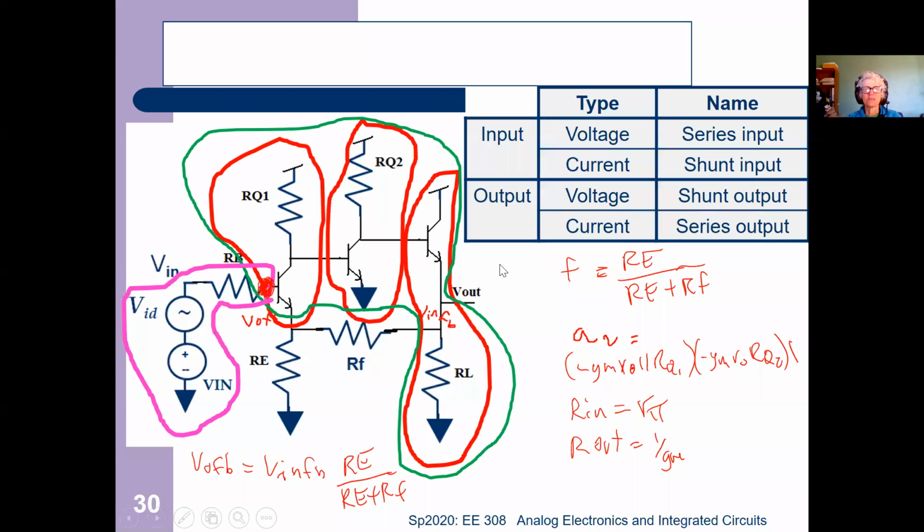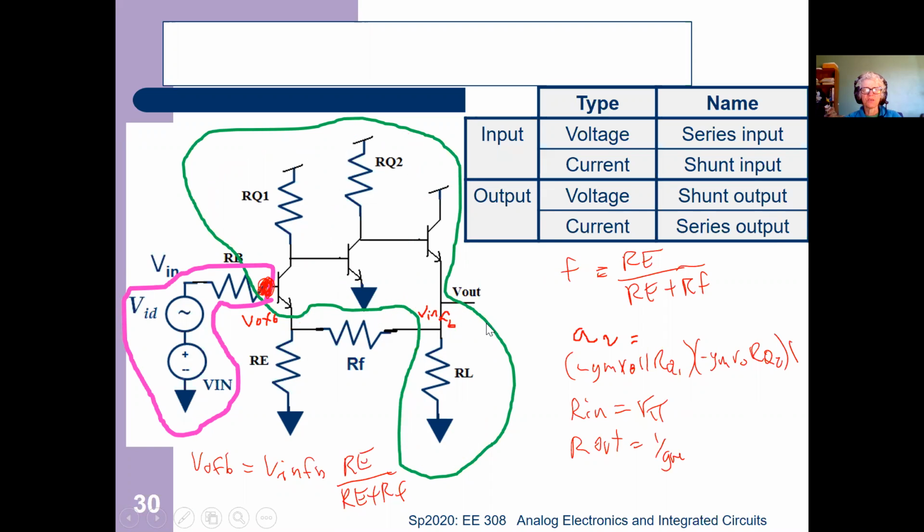So right here, the output right here. Here's the feedback block. The output of your entire circuit is on the same node as the input to your feedback block. Do you see that?